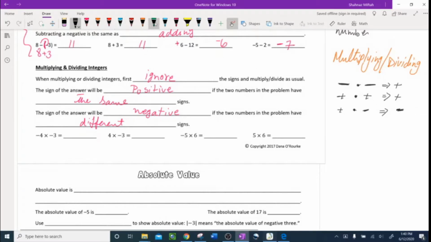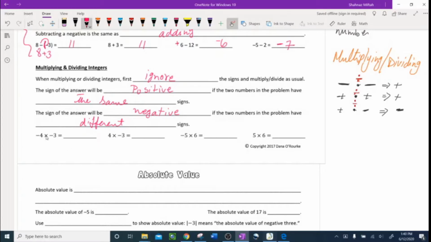Now the same rule goes for division. I put division and multiplication on top of each other, so you know this rule is the same for division and for multiplication. So let's try these questions now using that.